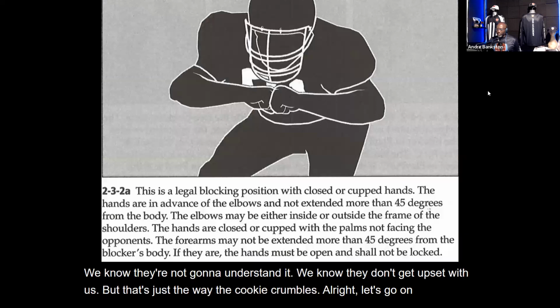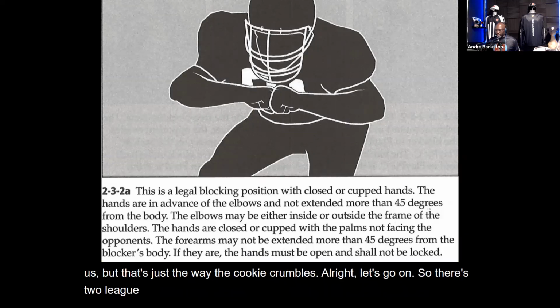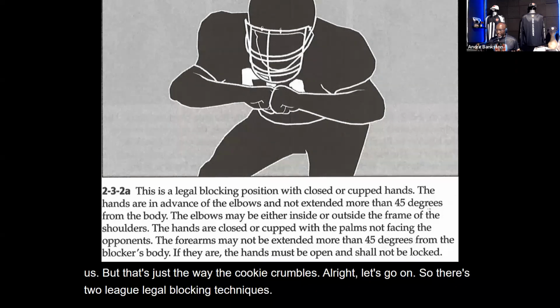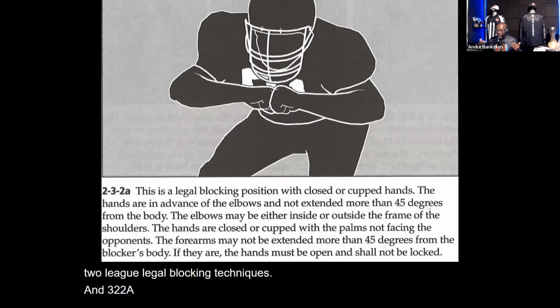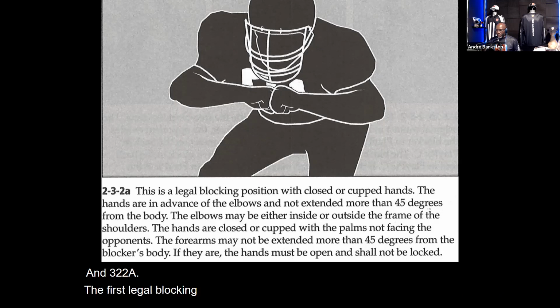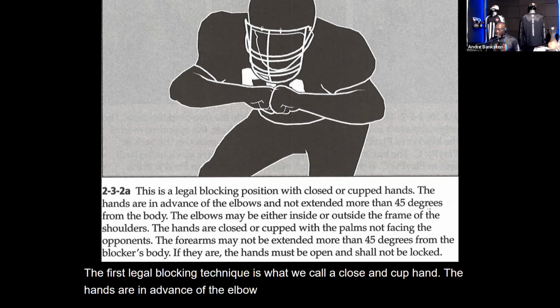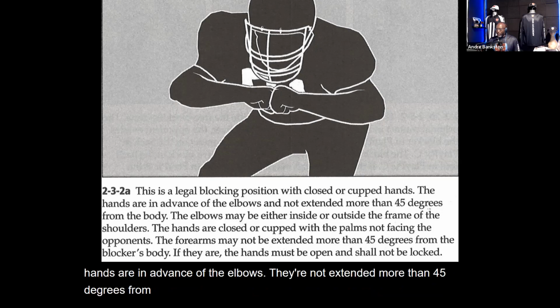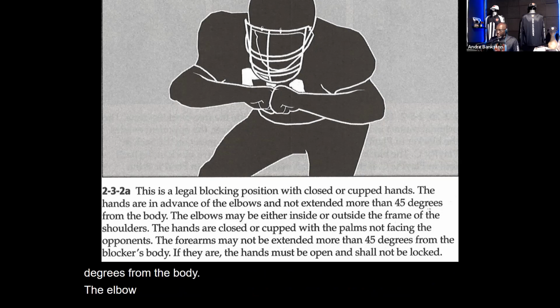So there are two legal blocking techniques. In 3.2.2A, the first legal blocking technique is what we call a closed and cupped hand. The hands are in advance of the elbows. They're not extended more than 45 degrees from the body. The elbow may be either inside or outside the frame of the shoulders.